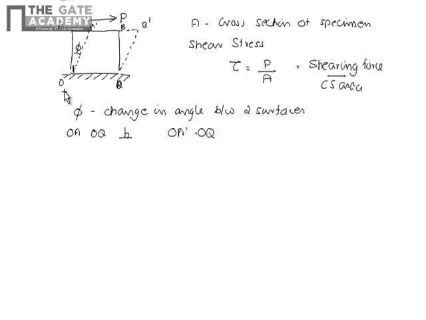So what is the angle now? The angle now is this angle, which we say is some theta dash. So what is the change in angle from 90 degrees to theta dash? That is given by phi. Phi is nothing but the change in angle between two surfaces originally perpendicular to each other.